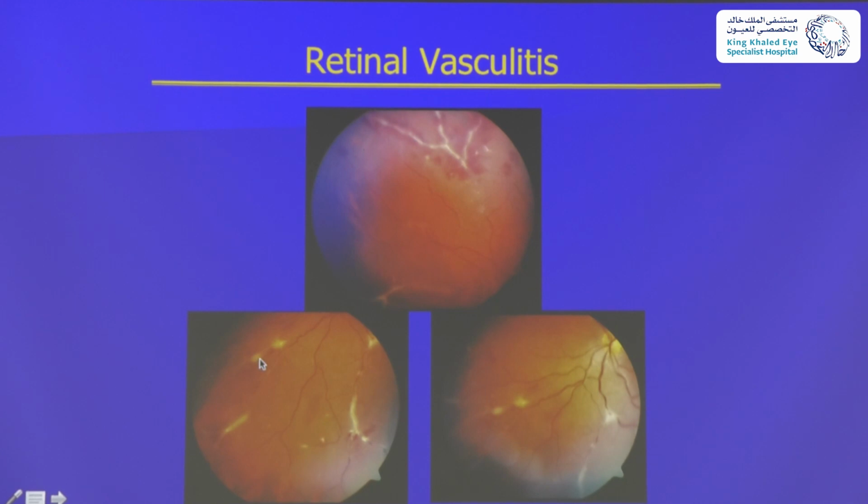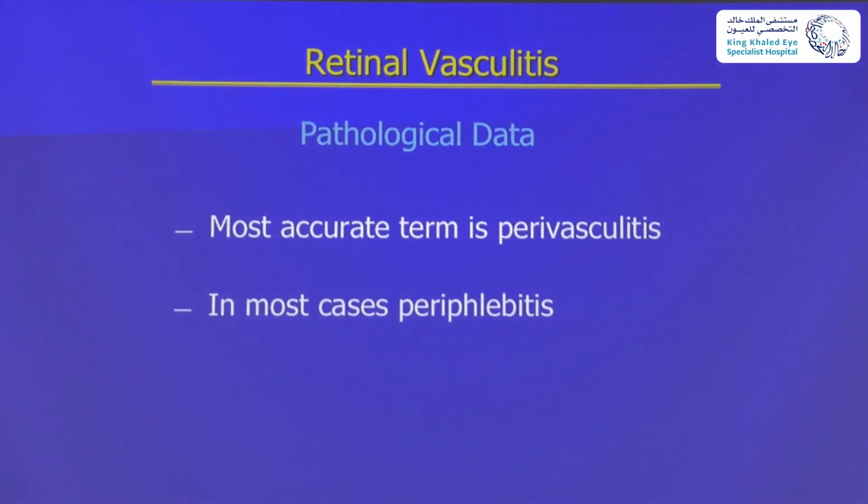We should see this. It is not only leakage. You can have leakage in retinal ischemic conditions like diabetic retinopathy or central retinal vein occlusion, and you can have leakage in patients with IRVAN syndrome. It is not only leakage; it is the perivascular exudates that lead clinically to vascular sheathing or cuffing.